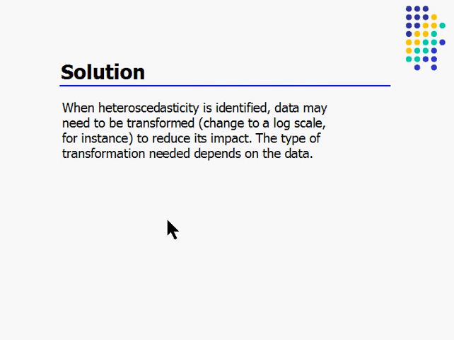And I'm probably not going to spend a lot more detail in the depth of this particular class on this topic, but just be aware that we can make transformations, but the type of transformation really depends on the data that you're dealing with. And this may be one of those cases where you're going to bring in the experts and maybe do a little bit more research on nonlinear transformations for dealing with issues like heteroscedasticity.